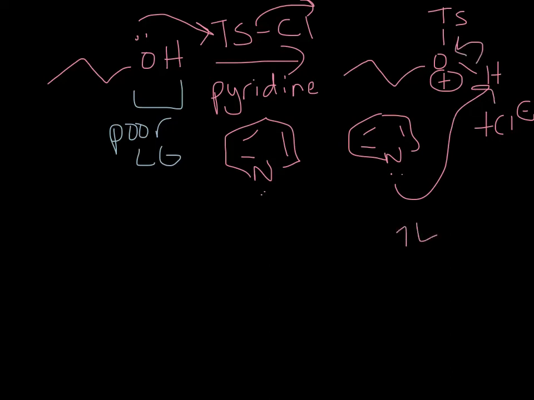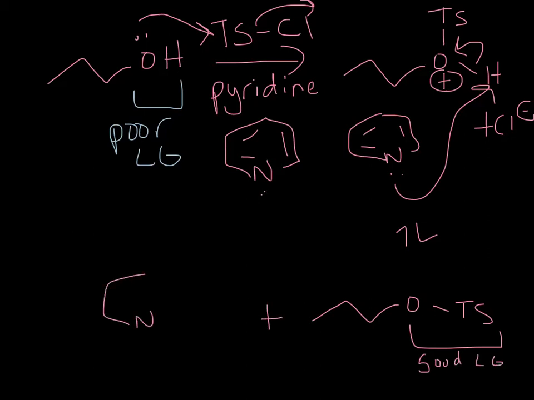Since it's an acid-base reaction, we can use backwards and forward arrows, and now we have this good leaving group here, and then you just get a salt as a byproduct. The positively charged pyridinium is going to be attracted to the chloride ion that left from the original tosyl chloride that I used to substitute.